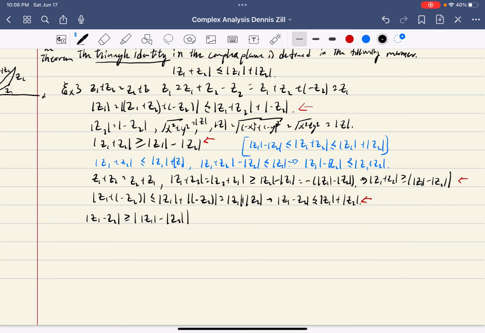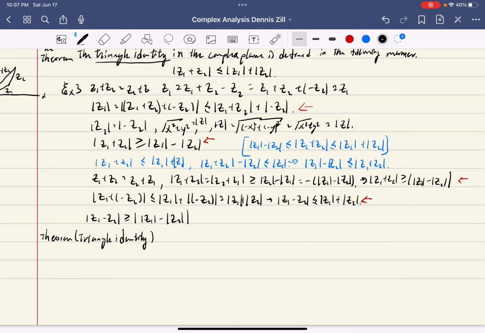And now we can propose a generalized triangle identity, a theorem, the triangle identity.